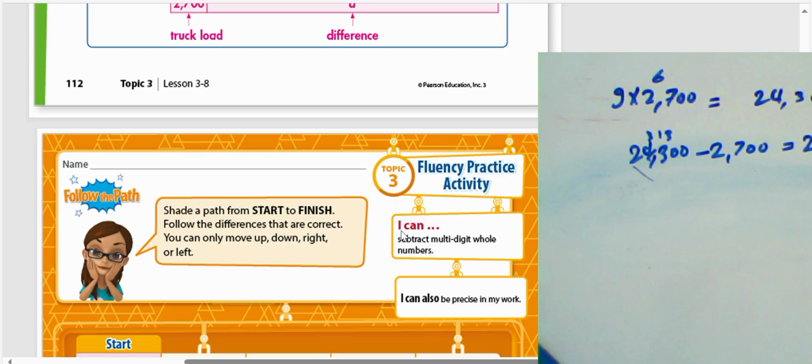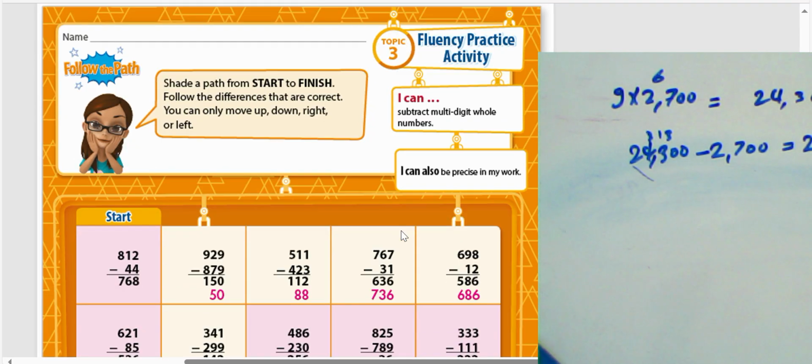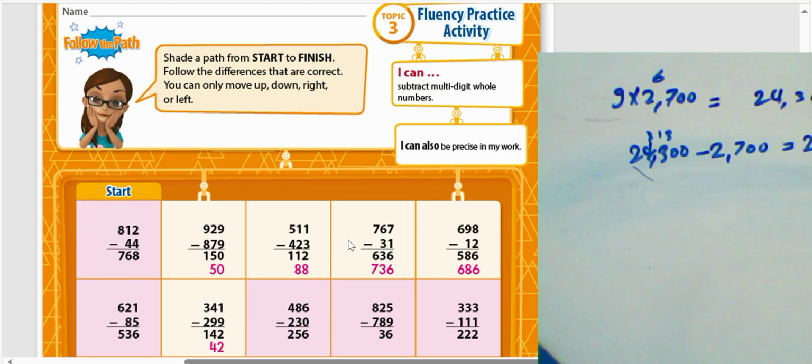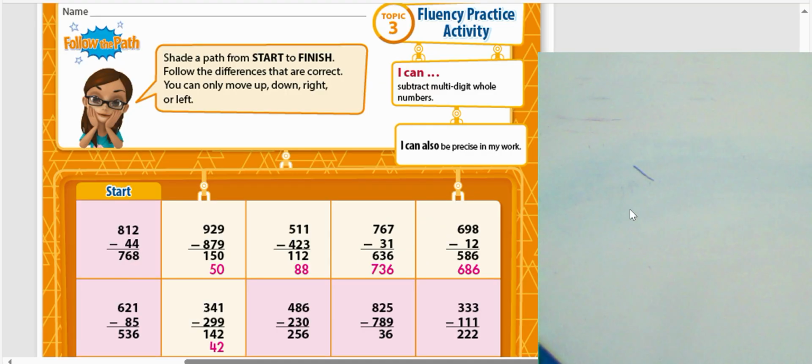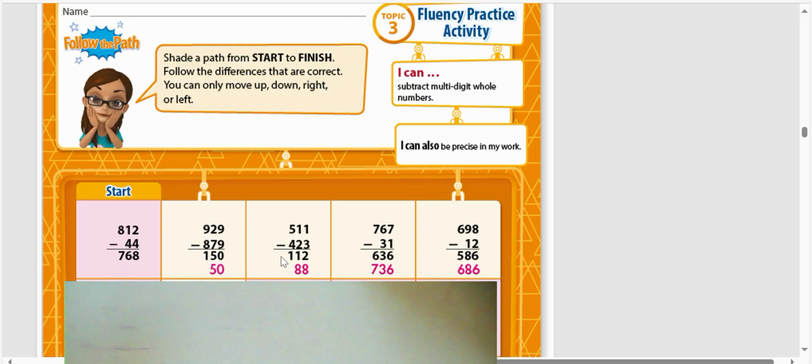Next page here, fluency practice activity number 3. Here you can check your answer to find the result, true or false. We have 929 subtracted by 879.